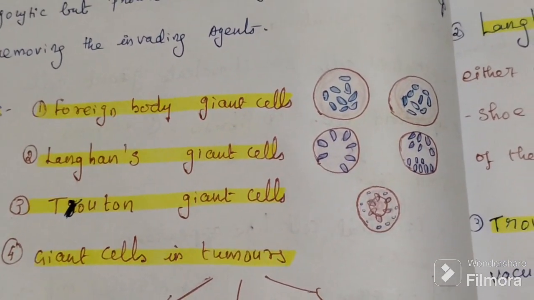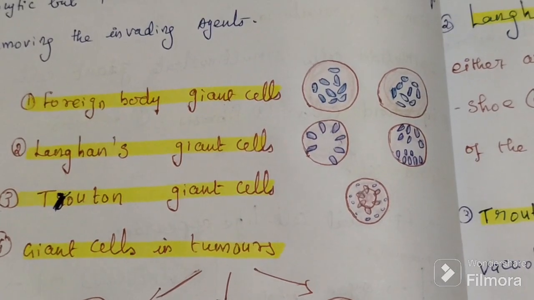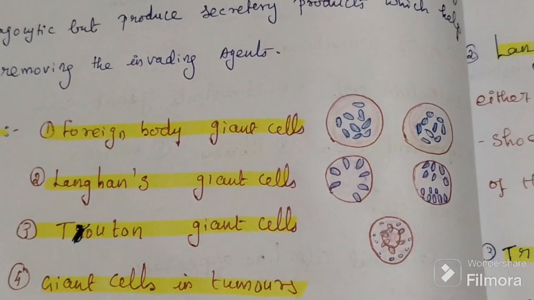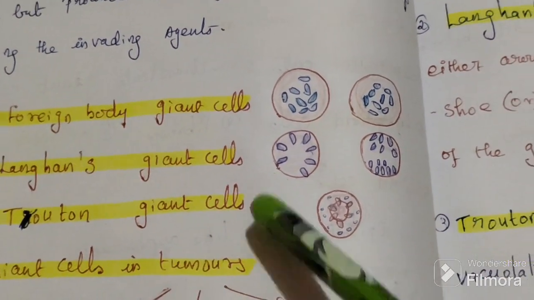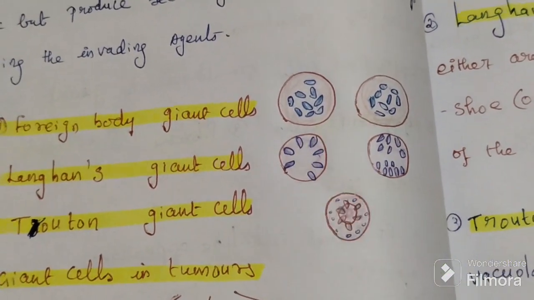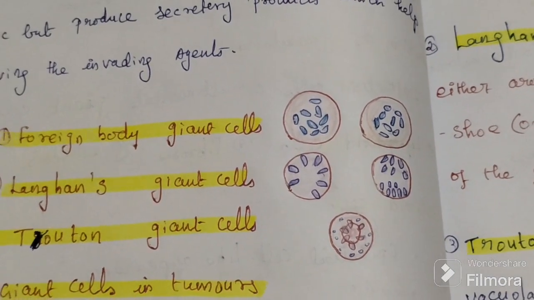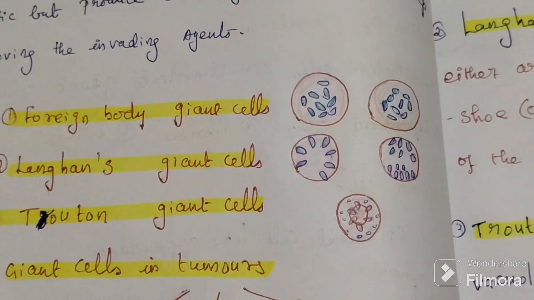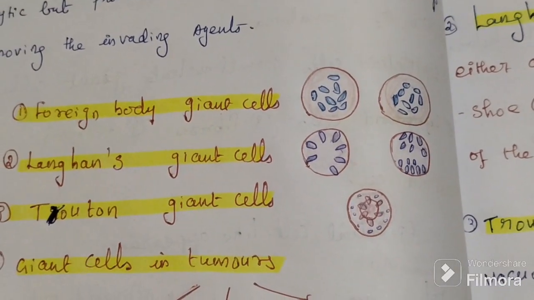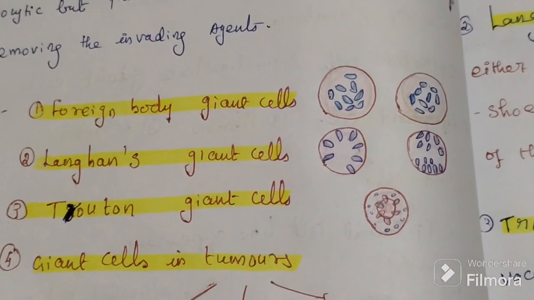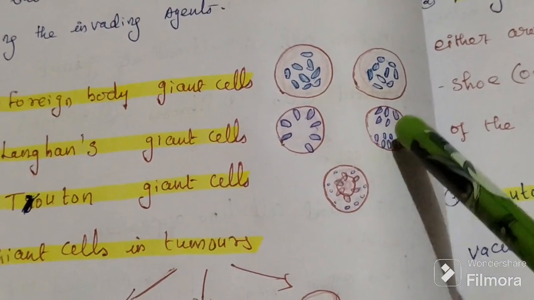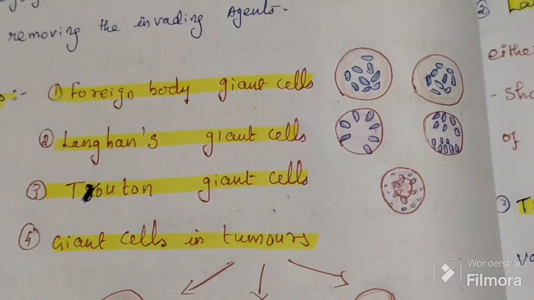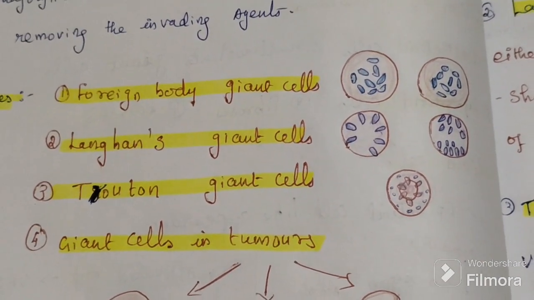Here the nuclei are presented at the periphery in a two-third ring, like a horseshoe, or like a north pole and south pole. This is called the Langhans giant cell.